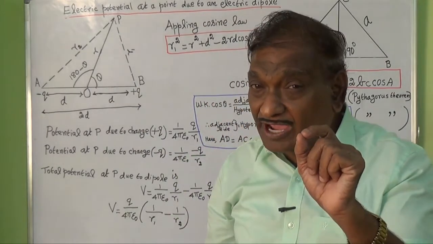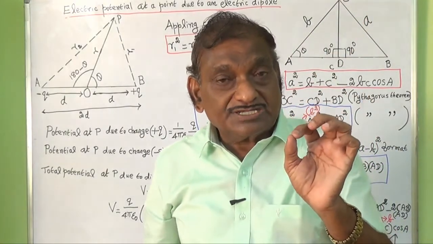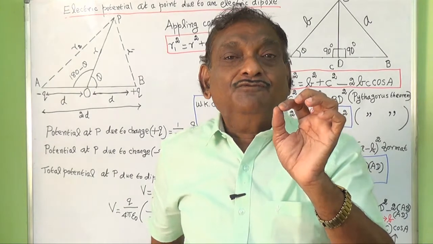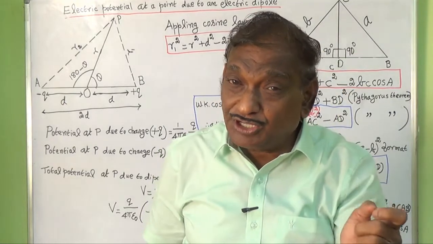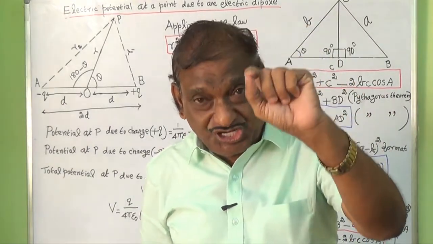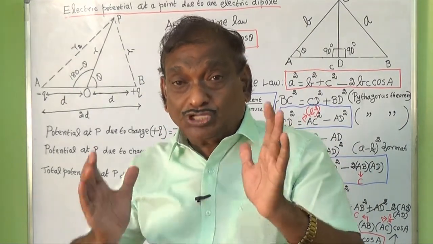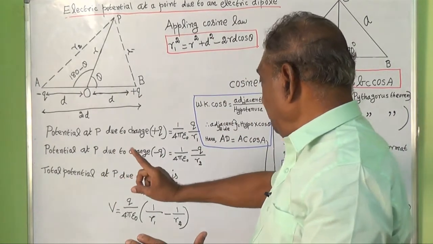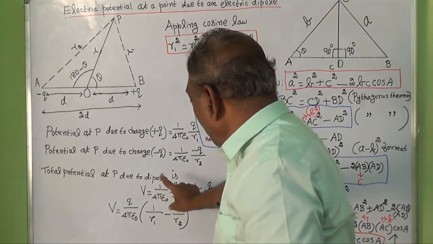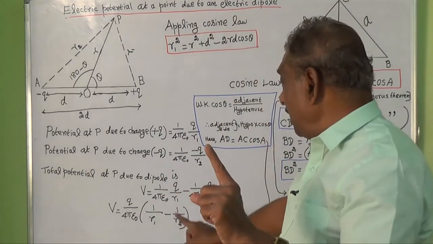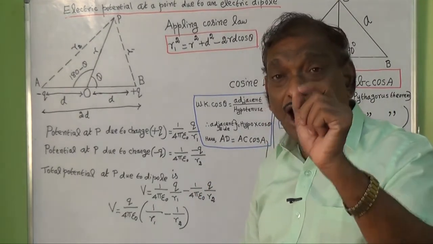We have to find the total potential at the point P, because the plus Q charge will produce a positive potential and the negative charge will produce a negative potential at the point P. So the total potential at the point P due to the dipole is V equals 1 by 4 pi epsilon naught Q by R1 minus 1 by 4 pi epsilon naught Q by R2.